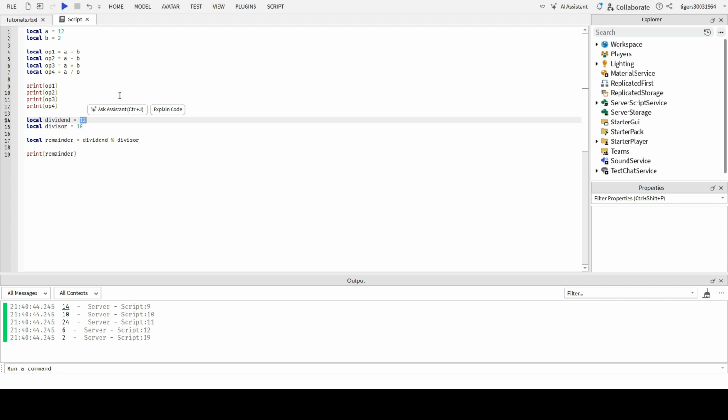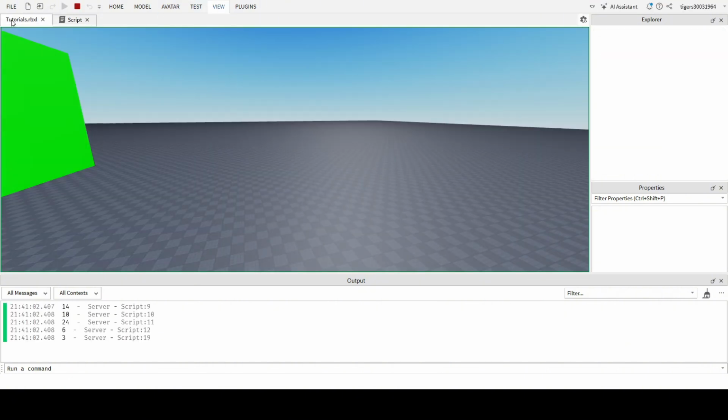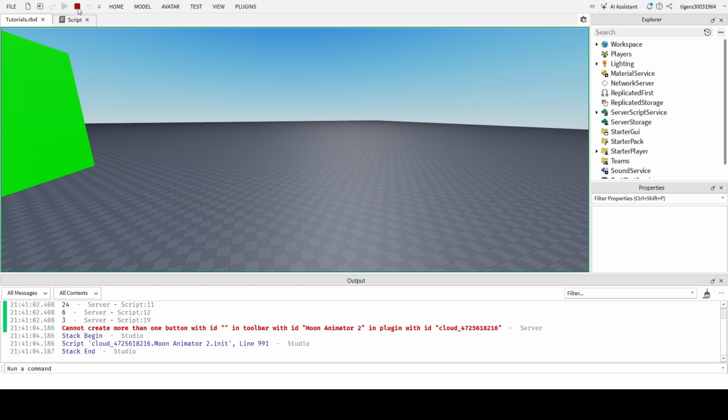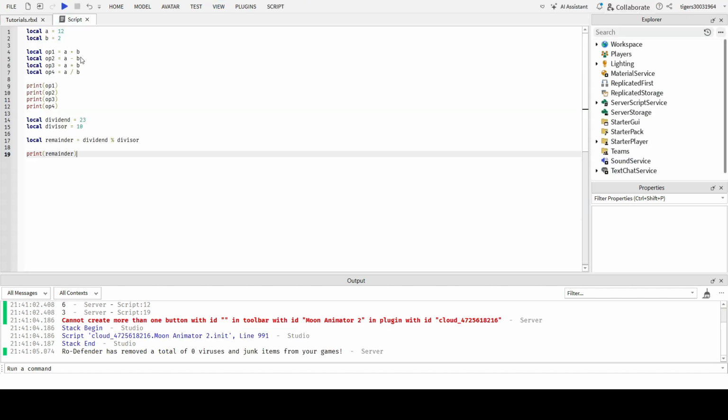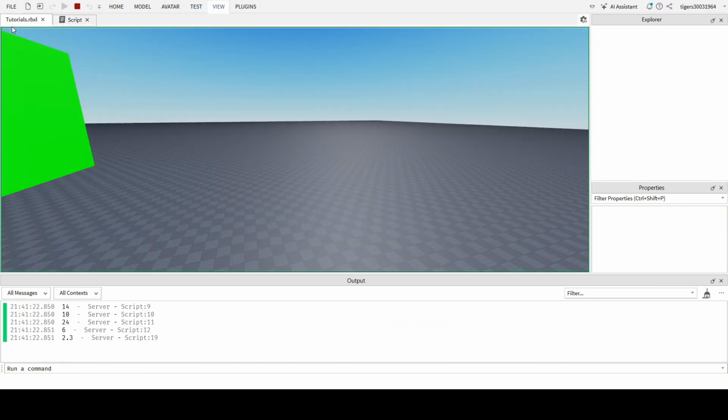And if I set the dividend to 23, what do you think will happen here? I encourage you to try to figure out what it will print. And it will print 3. That's because 10 fits into 23 twice, and when it does so, 3 is left over. Now, if I just wanted to obtain the normal quotient through standard division, then instead of giving me the remainder, it would just give me 23 divided by 10, which is 2.3.